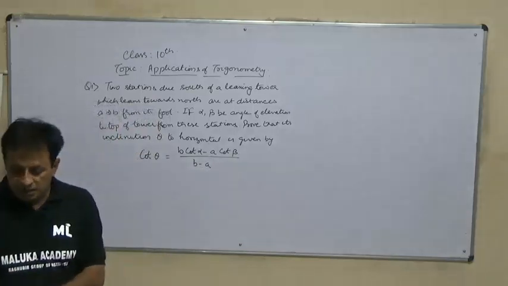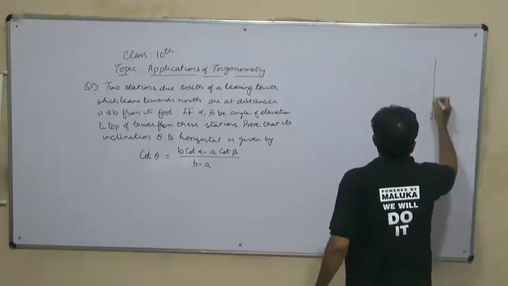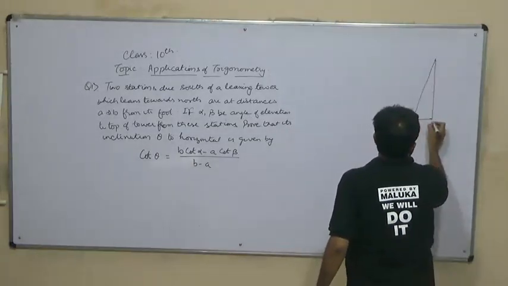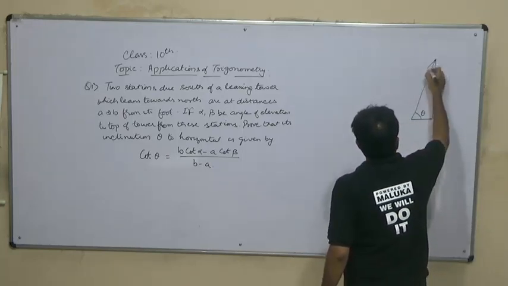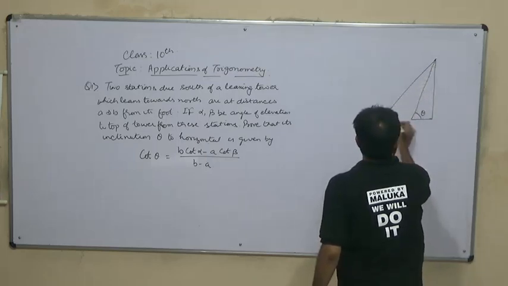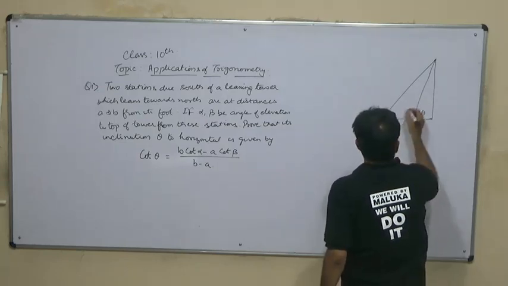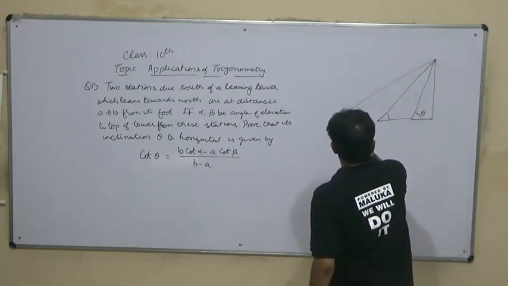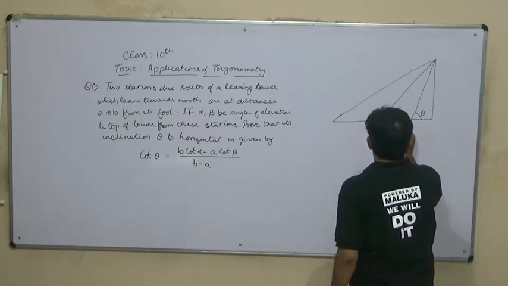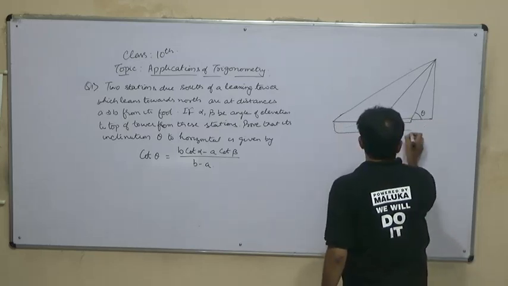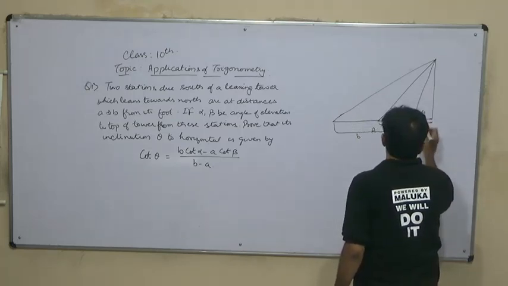So in this case we have a leaning tower which is inclined at an angle theta, and there are two stations, station A and station B, which are at distances A and B from the foot of the tower.